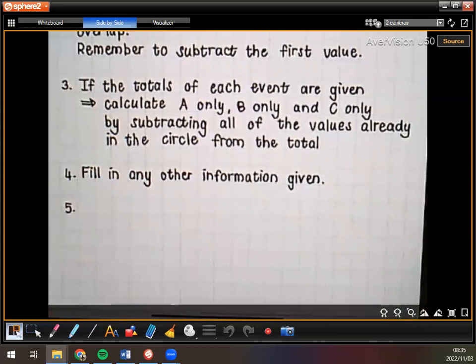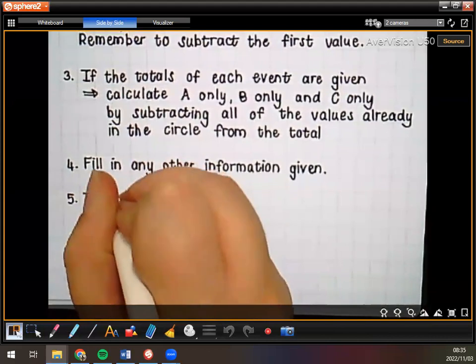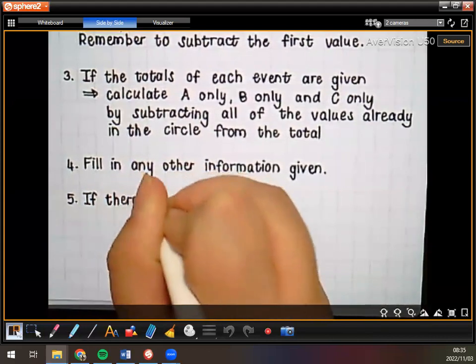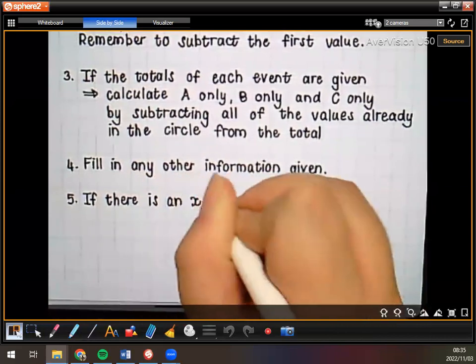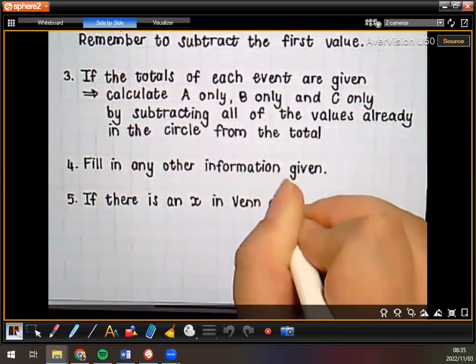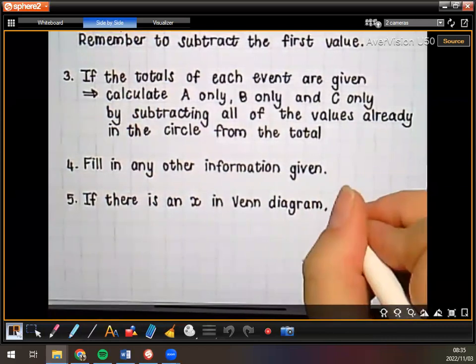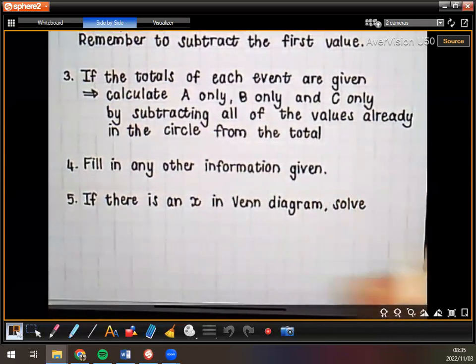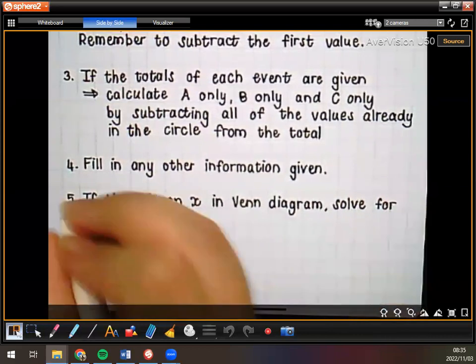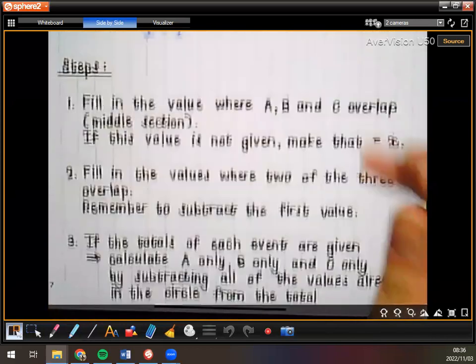Step 5, if there are any X's in your Venn diagram, there might not be, right? Sometimes they'll give you all the information and you don't need to use an X. But if there is an X in the Venn diagram, solve for X. I think we wrote the method up here, hey?